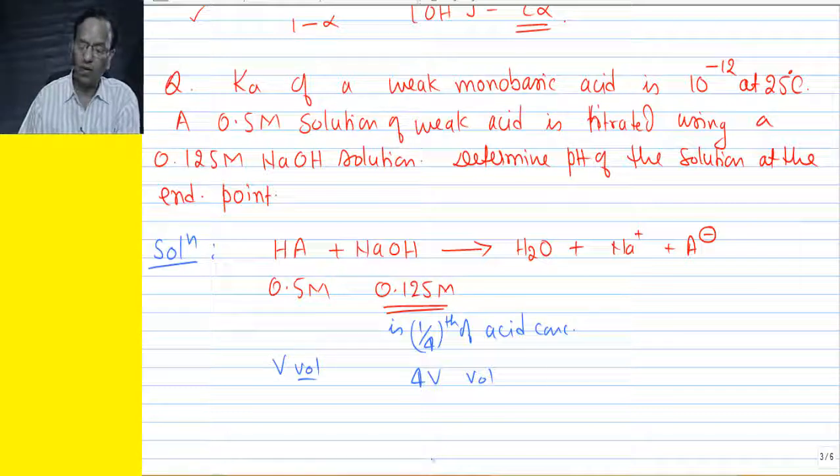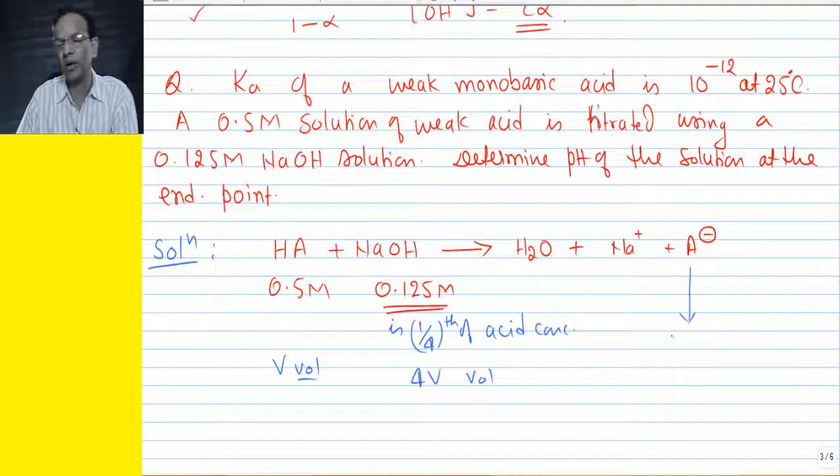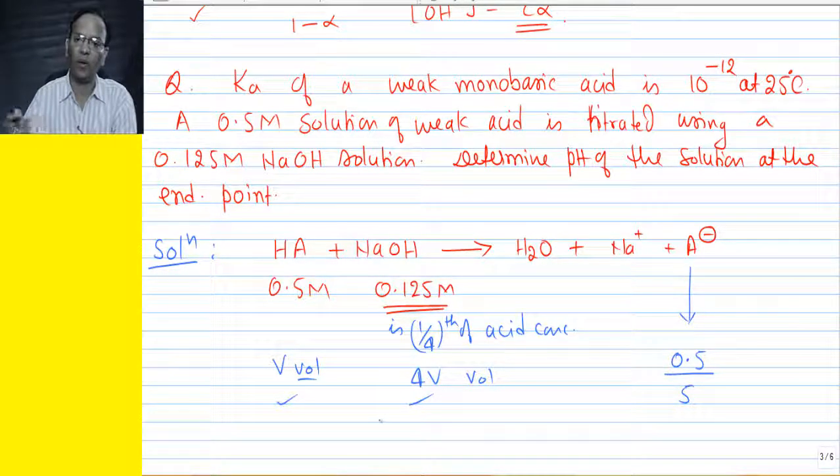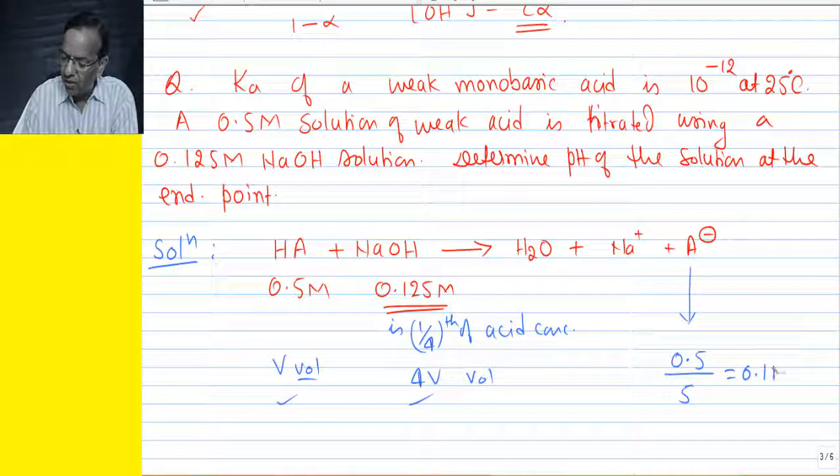So at the end point, the total volume will be 5V. So concentration of this conjugate base of HA will be 0.5 divided by 5. Since volume is V plus 4V, 5 times, concentration of salt will be 1/5 of the initial concentration of acid, that is 0.1 molar.